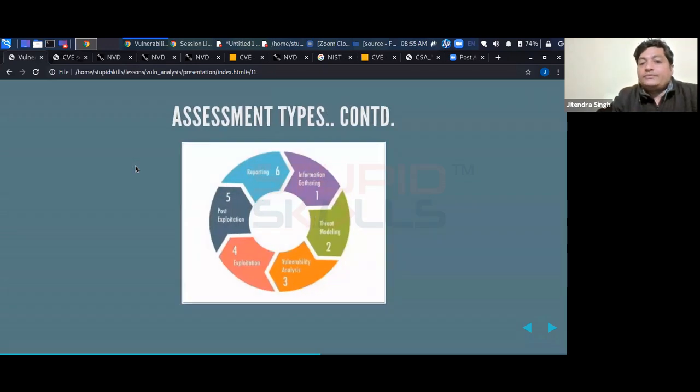So that's what happens as per stages, if you would like to put it. First, information is gathered, then you do threat modeling. If you remember, I told you that as part of threat modeling, you list down all the vulnerabilities that are there, then all the threat vectors or attack vectors.